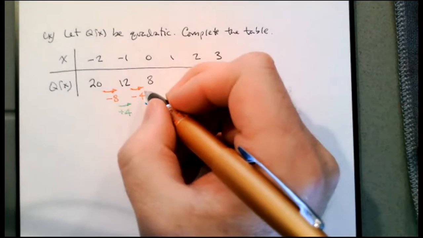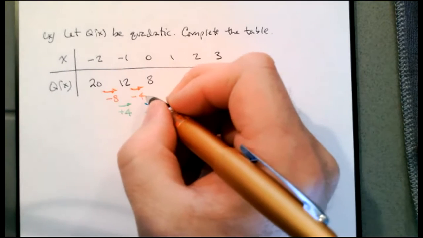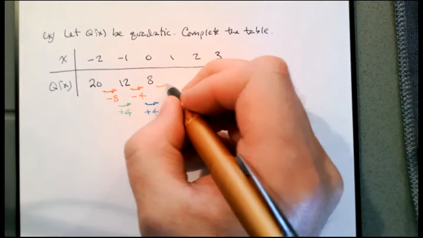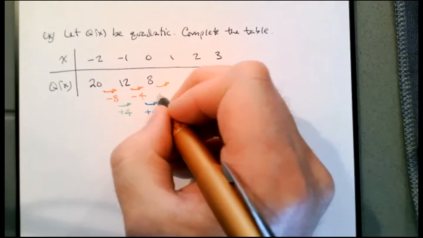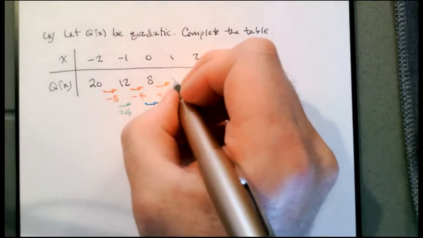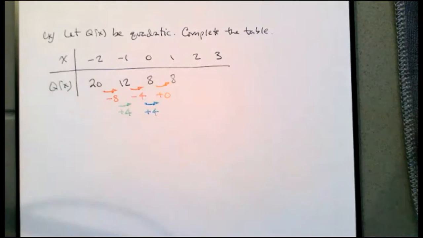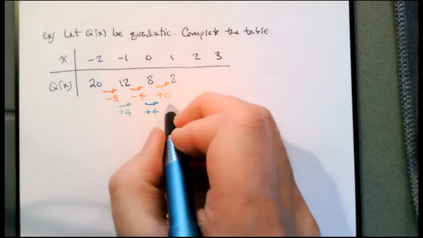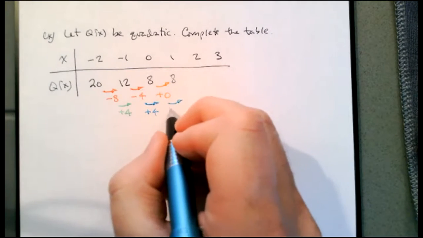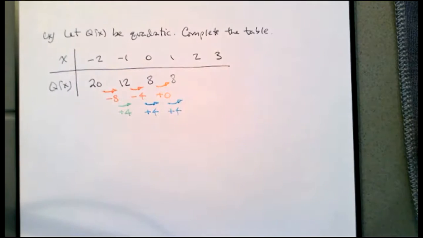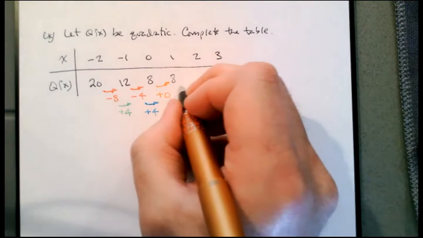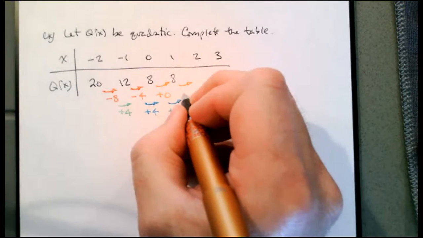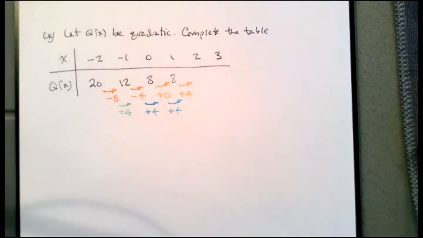So from -4, we increase this change by 4 to 0. And so nothing changes. Then the next change down here will be another +4, because that's where things are constant. So the next change from 1 to 2 is where we're going to see a +4.